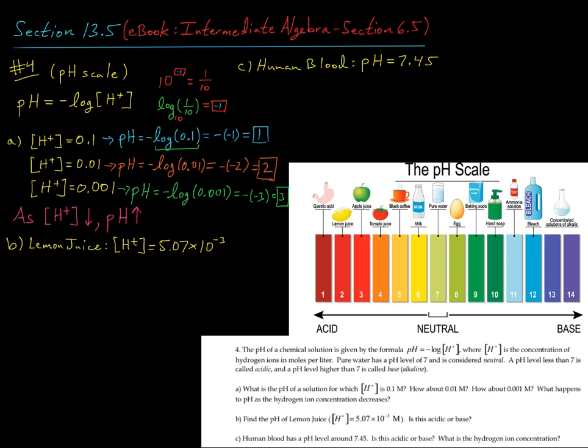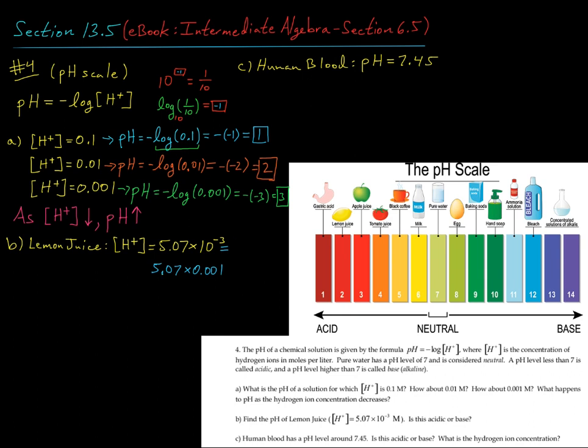This has an H plus level of 5.07 times 10 to the negative third. Our job is to find the pH level of lemon juice, which is roughly about right here. First notice that this 10 to the minus third is really a thousandth, so we're saying take 5.07 and multiply it by a thousandth.